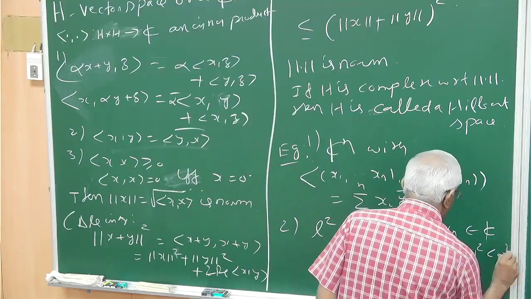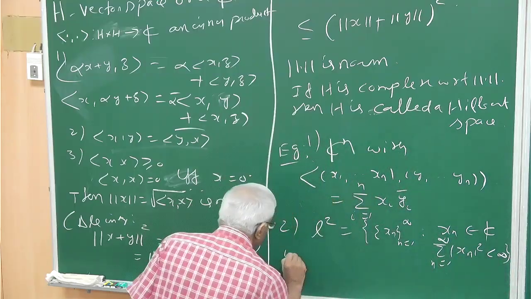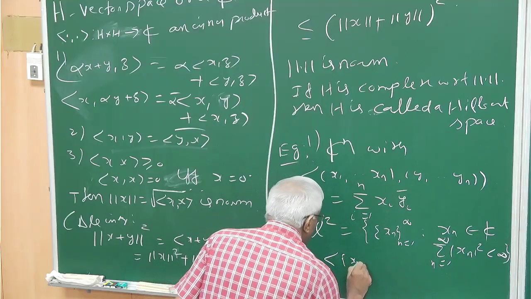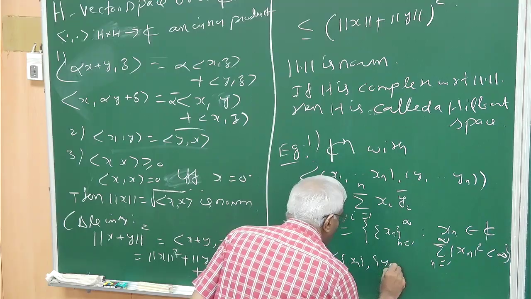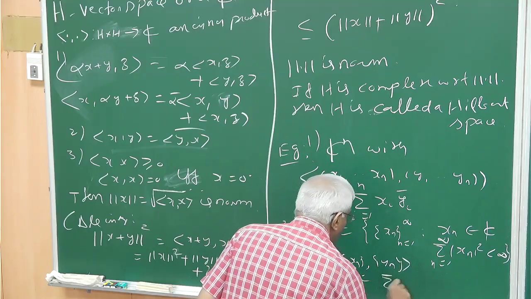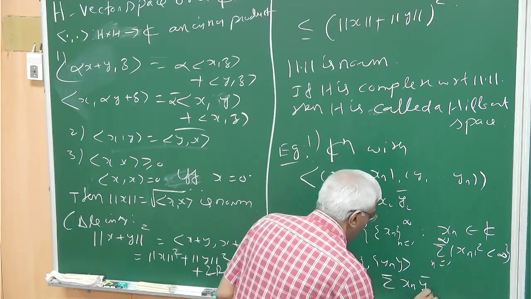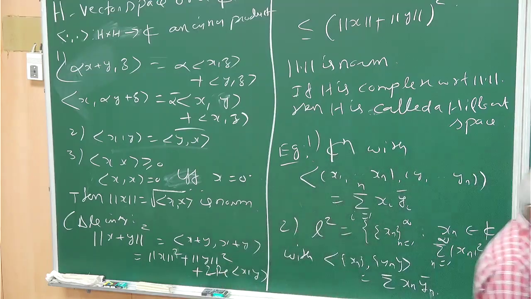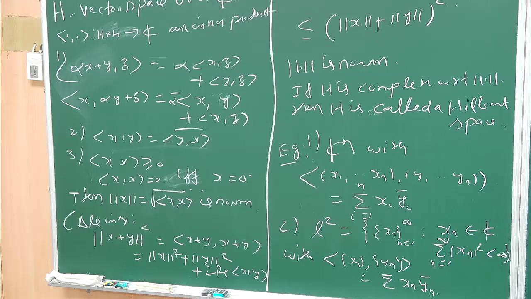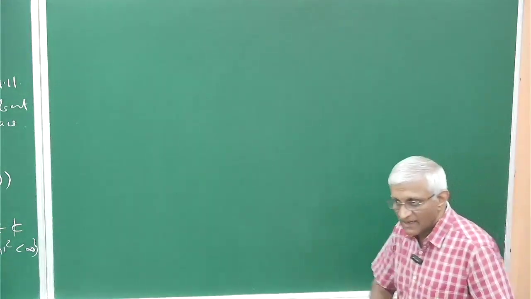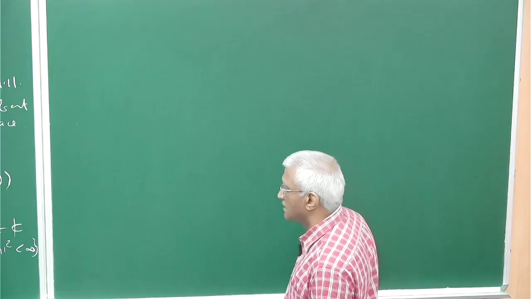L2 with inner product of two sequences (xn), (yn) equal to the summation of xn yn bar. We have seen this also. This is also an inner product space. And of course, you have to use Cauchy-Schwarz to prove it's a norm and all that, and it will follow.